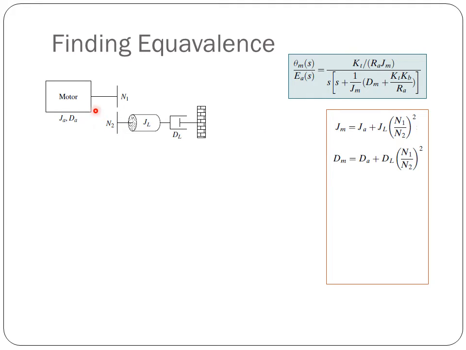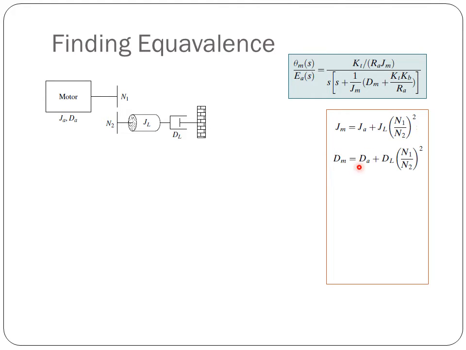So we are finding the equivalence on the left side of the gear because the motor is connected to the left side. So Jm will be equal to Ja plus the transferred version of Jl, which is Jl into N1 by N2 whole square. Similarly, we can find Dm.